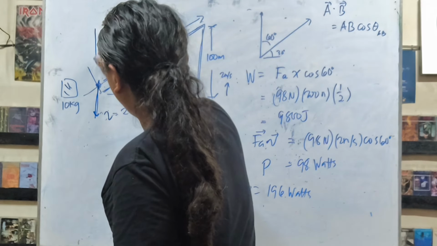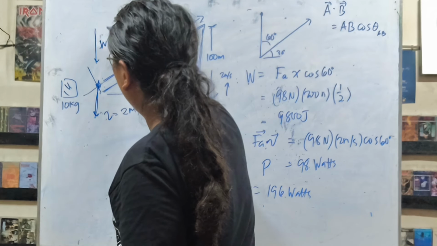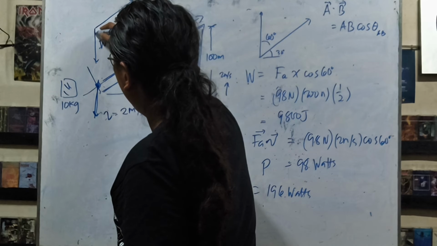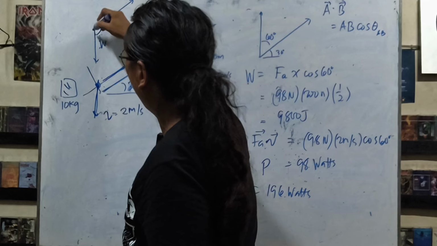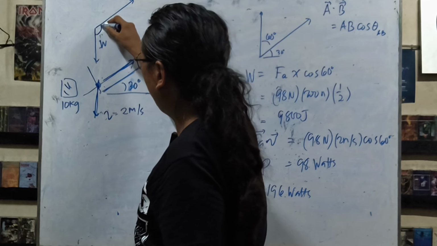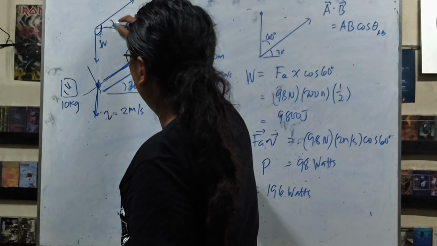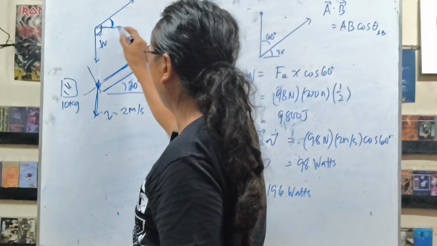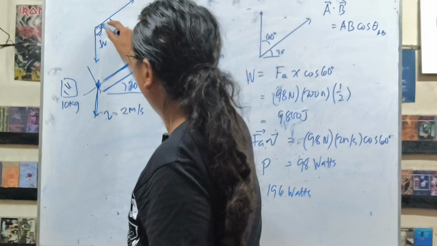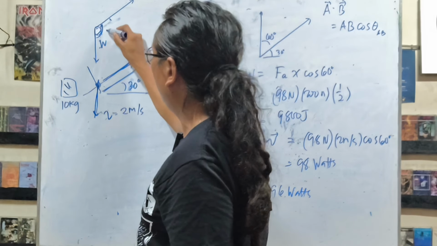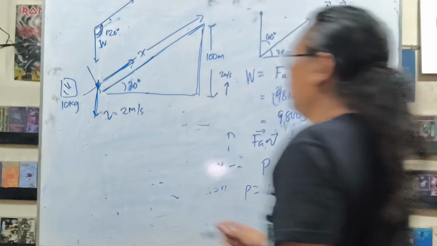So you have here the weight and the displacement. We will need the smaller angle, because there are two angles here. If this is 30, and this is 90, then this angle right here must be 120 degrees.